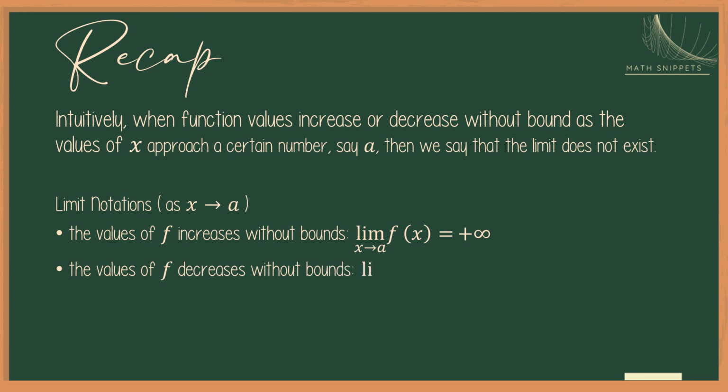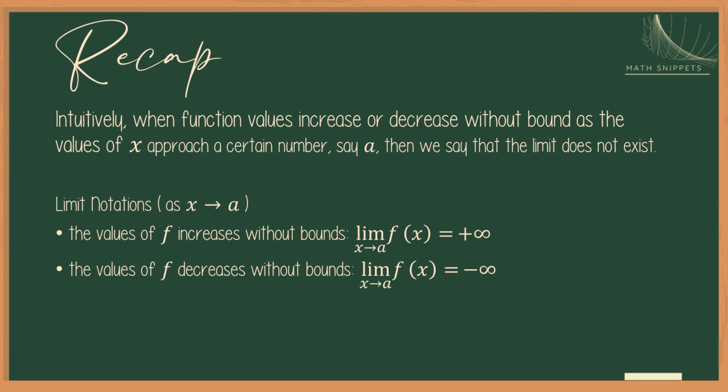Also, when the values of f decrease without bounds, we write it as the limit of f of x as x approaches a equal to negative infinity. Again, we write it this way when both the left-hand and the right-hand limits are negative infinity. But if they're not equal, even if they are infinity, if one is positive and the other is negative, then we say that the limit does not exist.